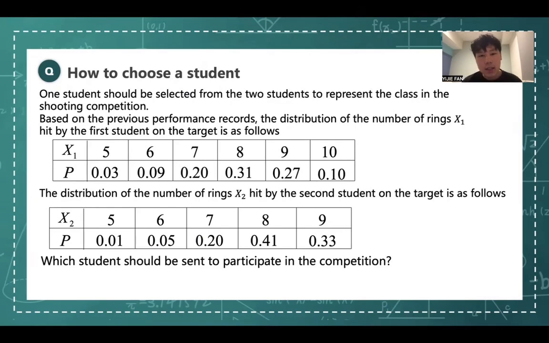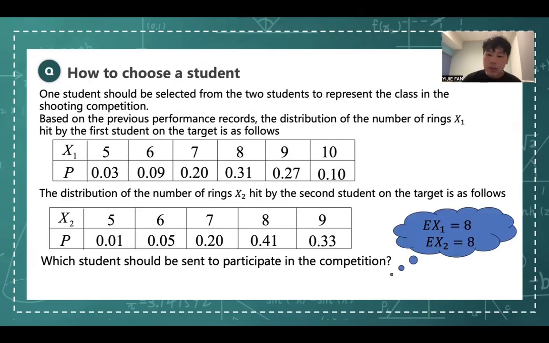In last class, we learned the mean of the random variable. So we know in this question, if the mean of rings is higher, maybe that student would get a better grade in the competition. So first, we calculate the mean of these two students.